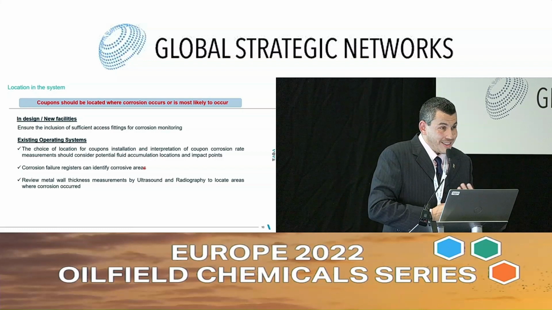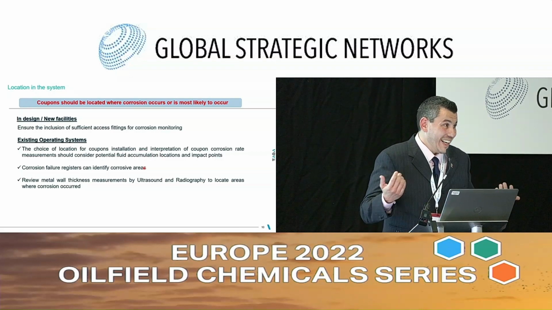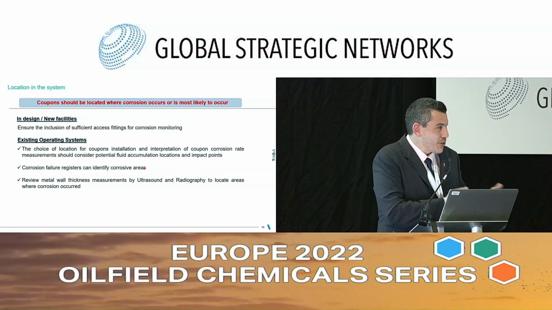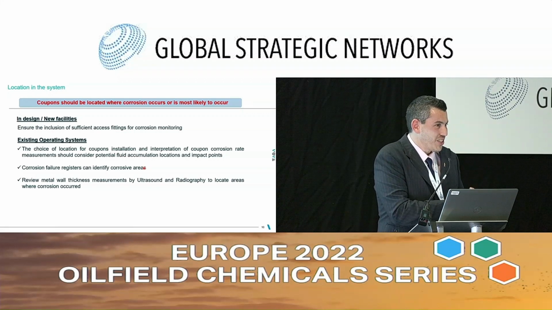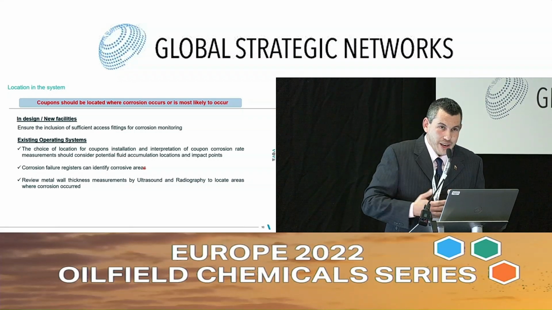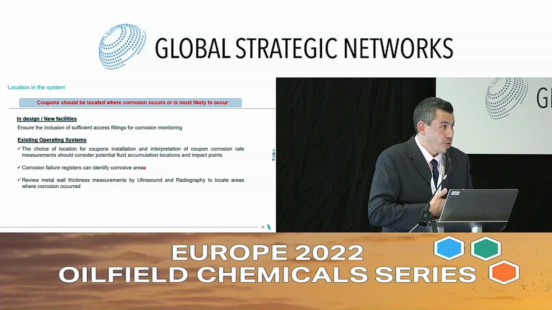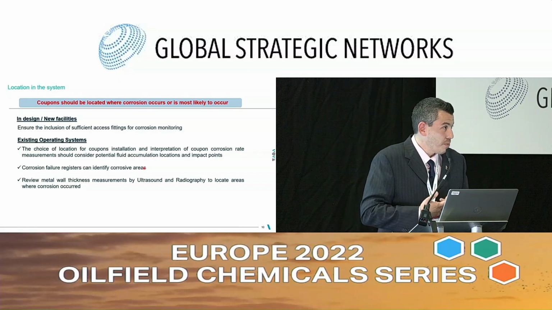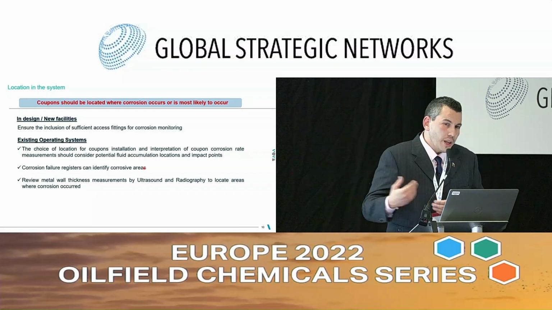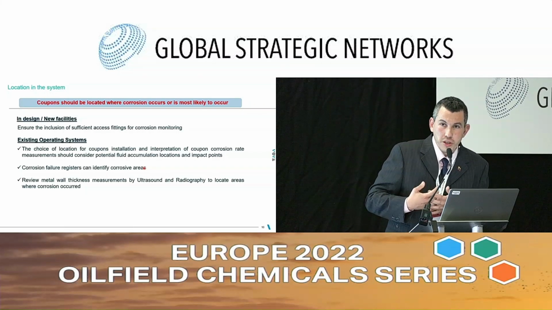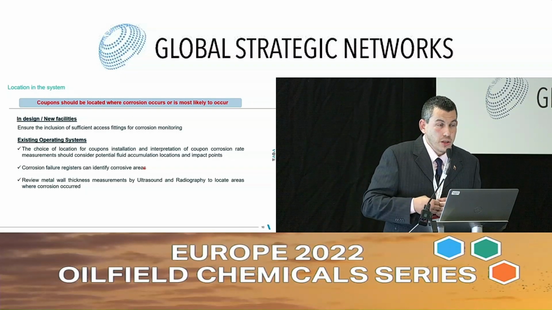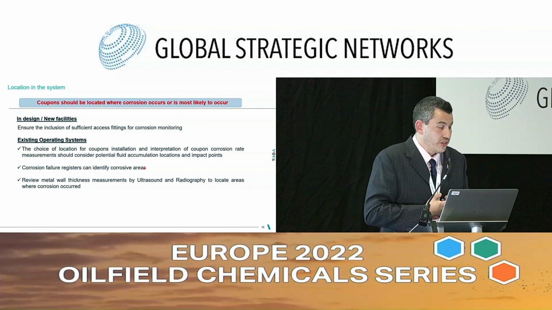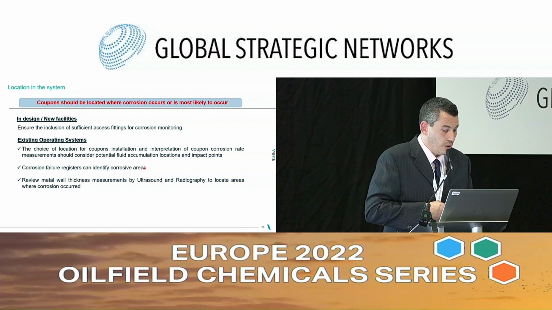If you already had corrosion failures, that's a clear indicator that you should have a monitoring system in that spot. Additionally, in operating facilities, you are supposed to comply with the legislation and do inspection. Once you get the feedback from those inspections, if you detect high corrosion rates and you don't have monitoring systems, you might want to install corrosion coupons there.